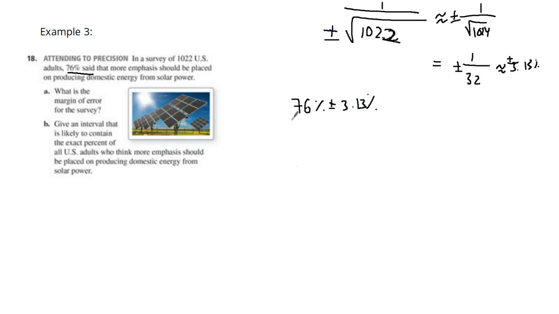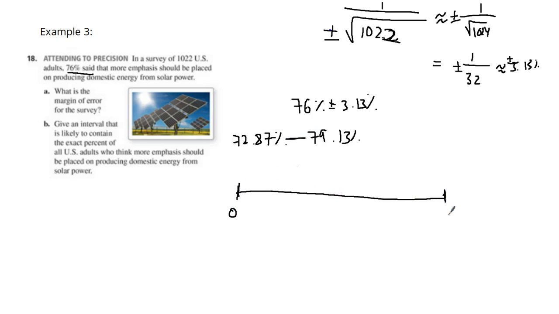So the interval is plus or minus this: the upper bound is 79.13 and the lower bound is 72.87, right, to 79.13. If we have a graph from 0 to 100%, with 72.87% and 79.13% marked in the 70s, the percent of all US adults is likely to fall in this margin.